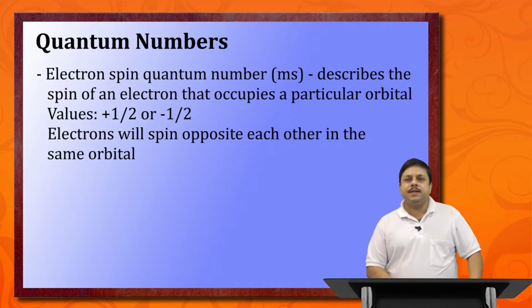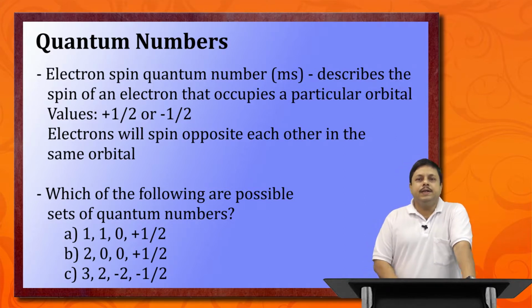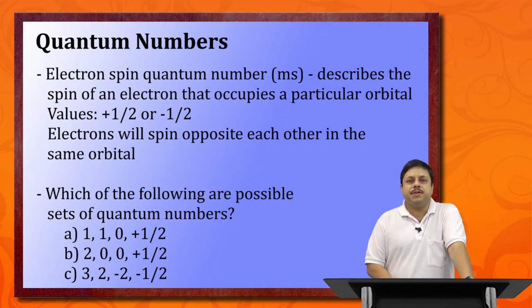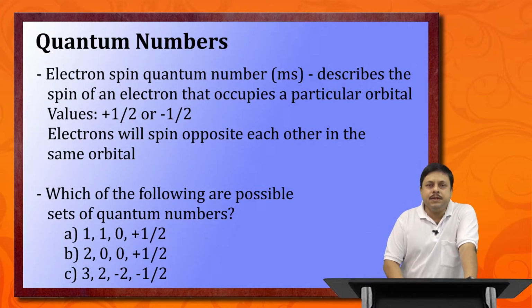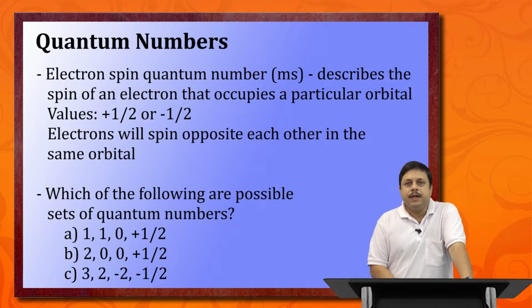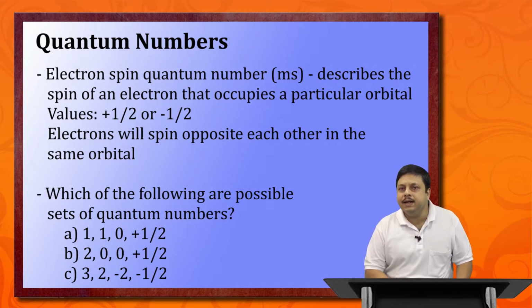So let us take up a question. Which of the following are the possible sets of quantum numbers that are allowed? I have given you three options. If you study these, you see the values of n, l, ml and ms. If n is 1, then l cannot be 1.